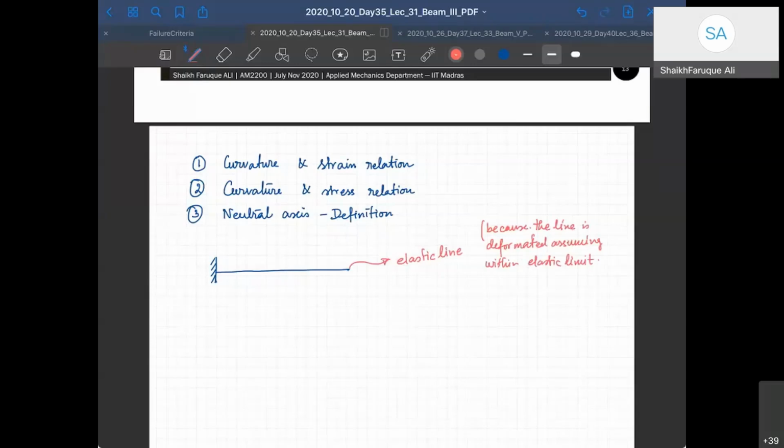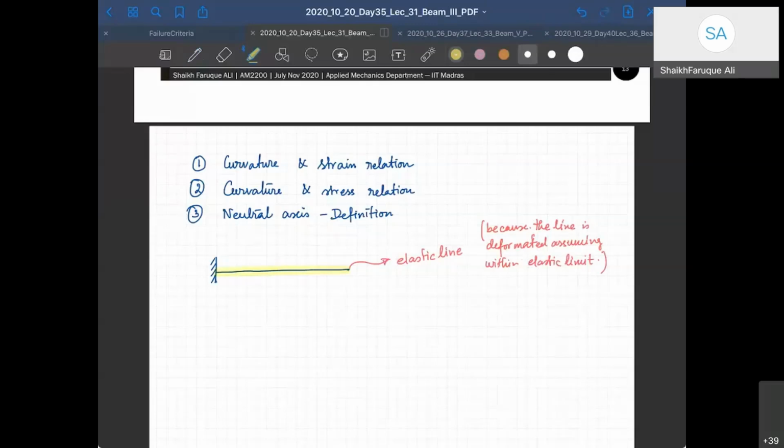Which one is the elastic line? Generally, the central line or the central axis or the neutral axis of a beam is called the elastic line. So this might be the beam. The center line is called the elastic line.